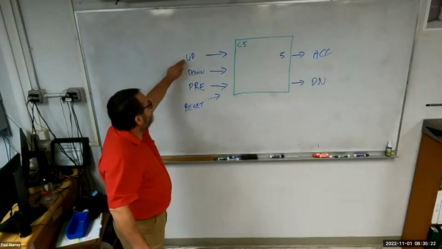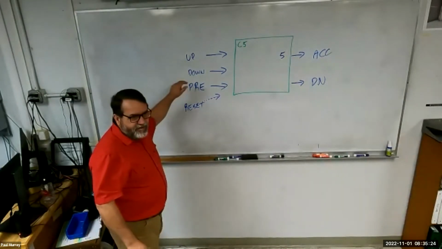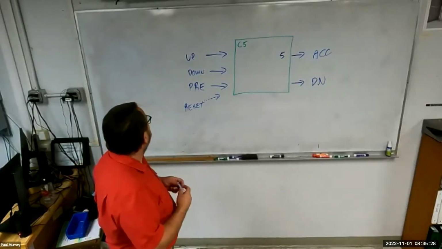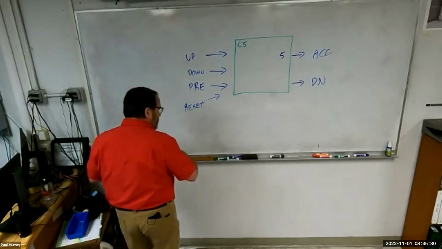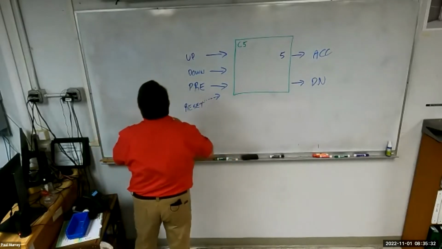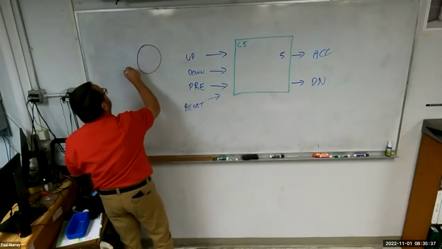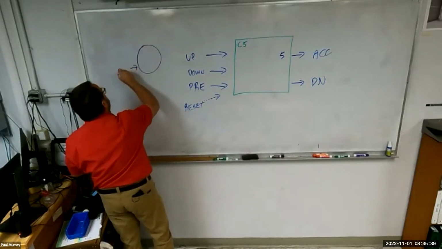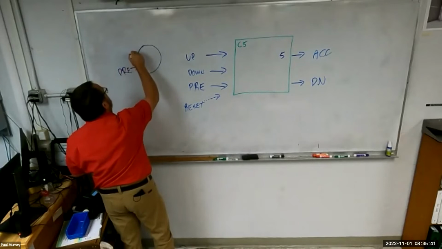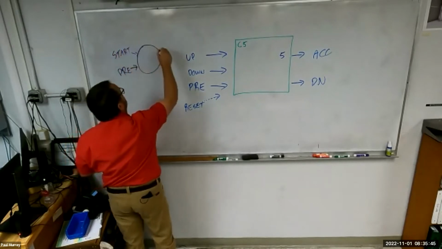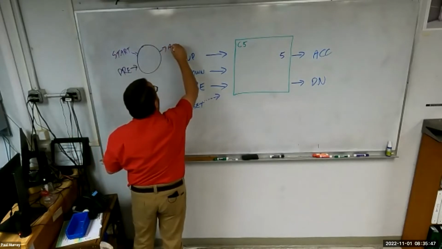First of all, we tell a counter either to go up or down. With a timer, we only tell it to, I should have left my timer on here. Put a timer back on. So timers, we got a pre, and we got start. And timers tell us an ACC.